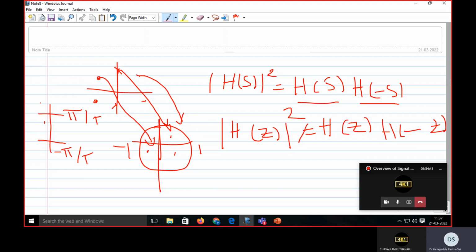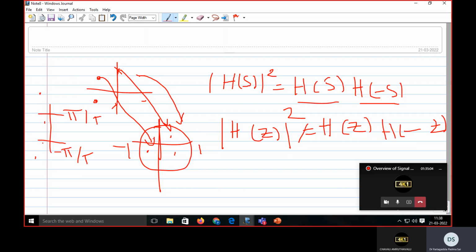But if you are considering outside this region, for example, I am having one pole here, one pole here, what happens? Many poles are mapped to a single pole in the Z domain. That one we are calling time domain aliasing. That is the main problem of impulse invariant transformation.